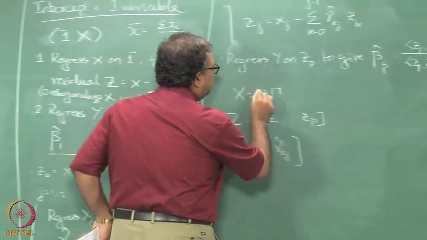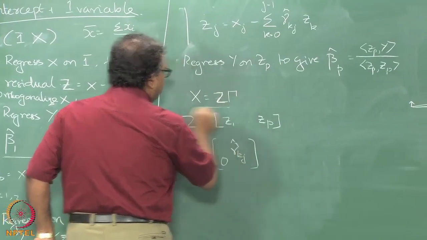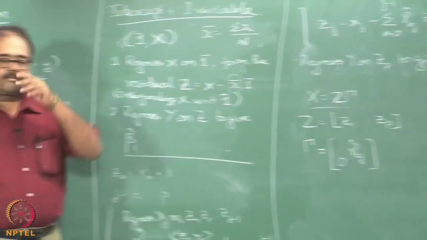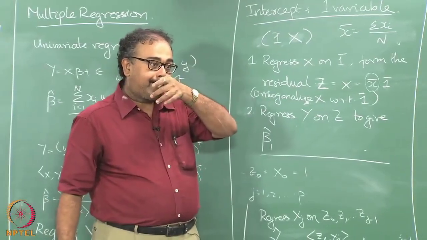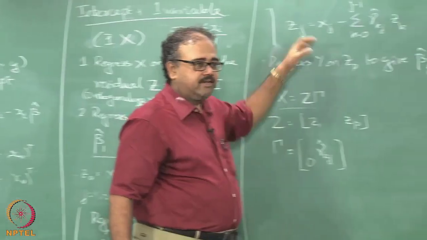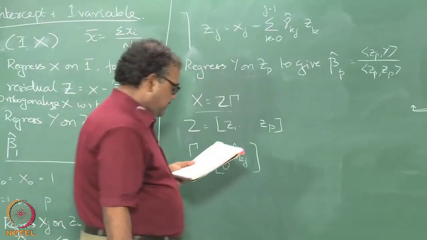And you can think about it, you can write X as Z times gamma. So essentially I am just stacking all of those things we have done together and writing it as Z times gamma.